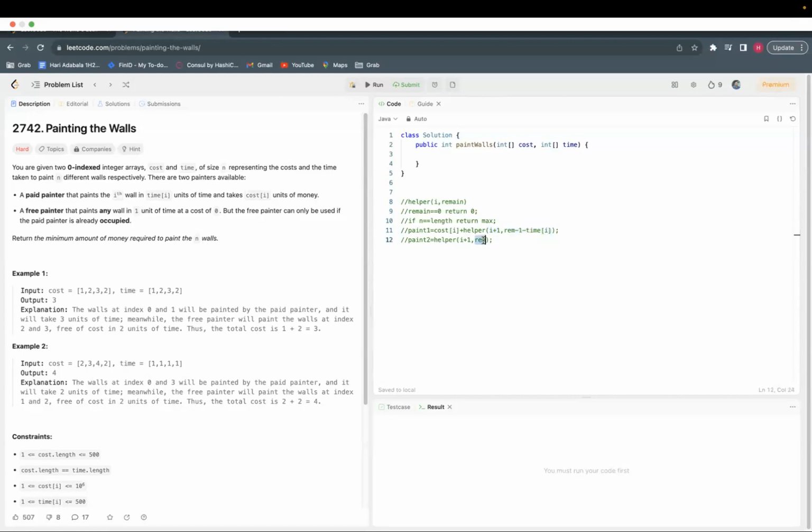Here we should not decrement this, because we are not sure if there is any corresponding paid painter that is painting the wall on behalf of whom this free painter can paint. So for that reason we should not decrement this. This will anyhow be calculated here when we are taking that particular painter. Only then will we decrement the counter.